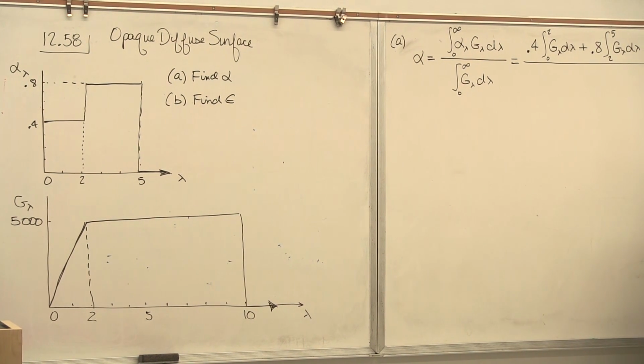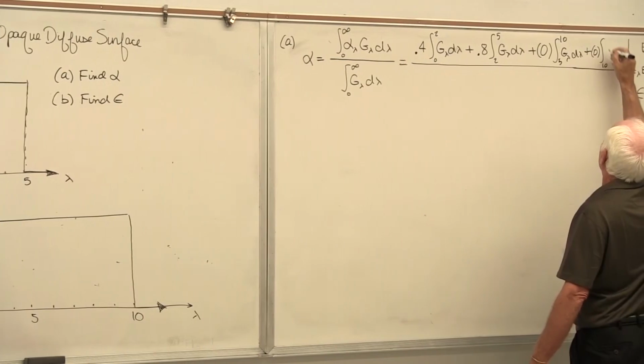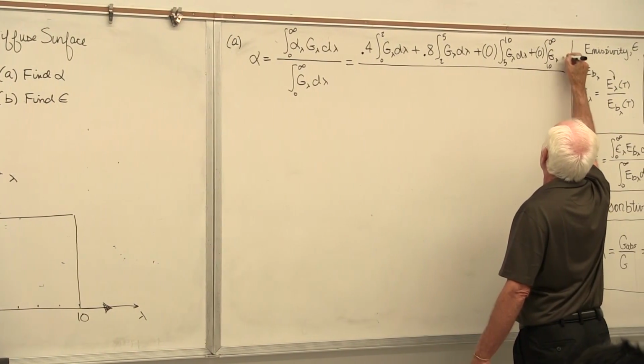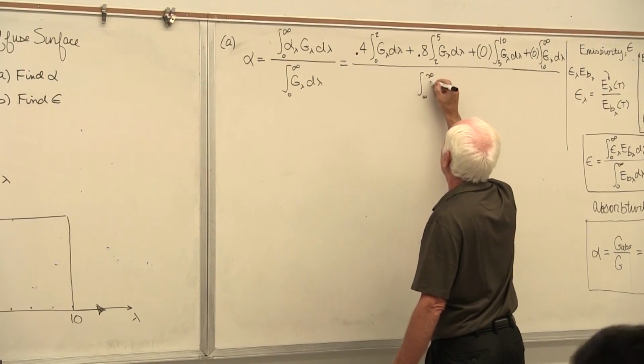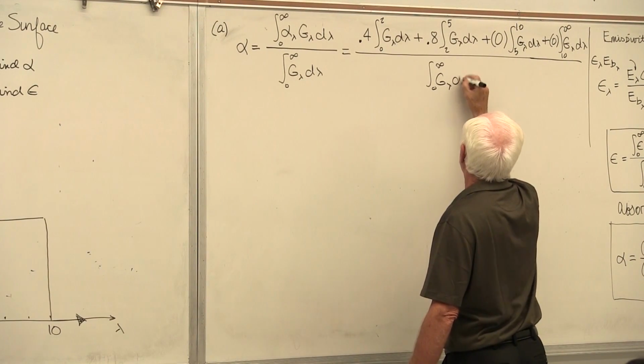Plus 0, integral from 10 to infinity, G lambda d lambda, divided by the integral 0 to infinity, G lambda d lambda.